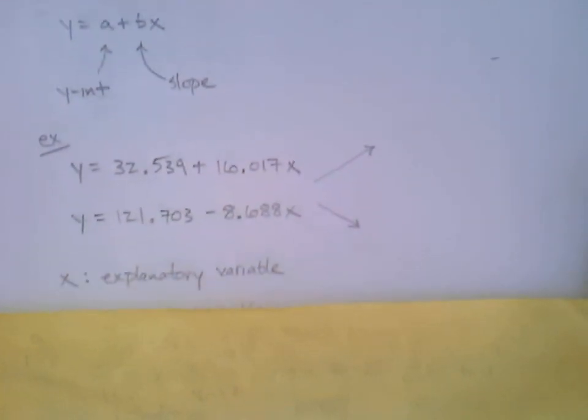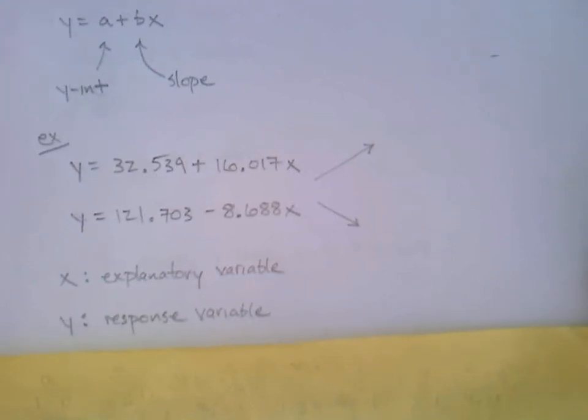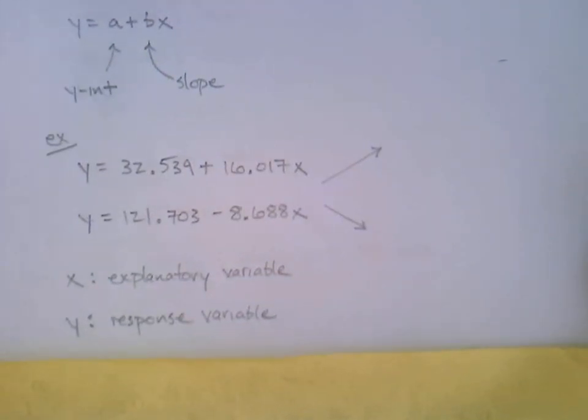Okay. What else might we say? What are just the names that we give to the variables? So x we refer to as the explanatory variable in statistics. Y we refer to as the response variable.